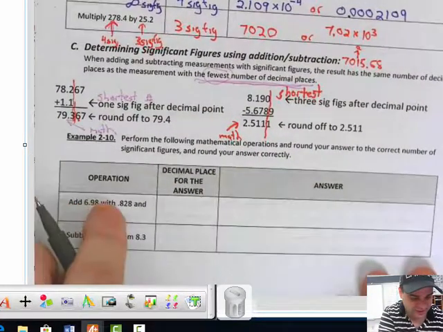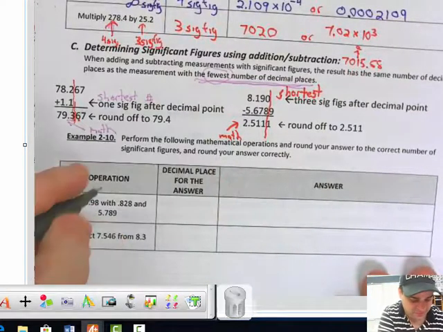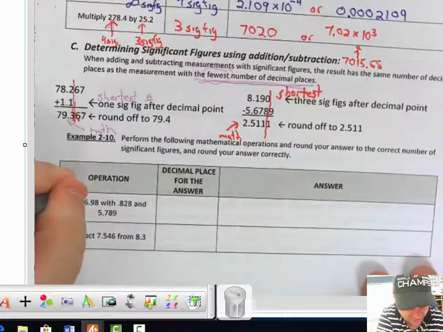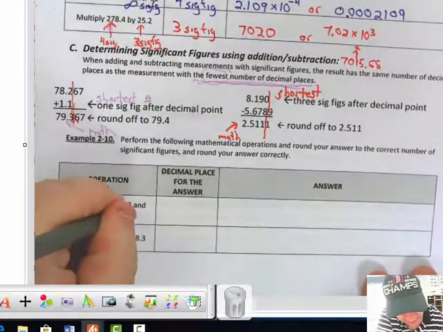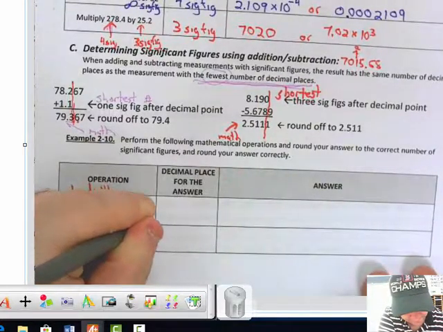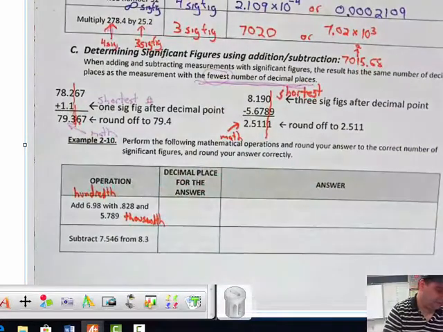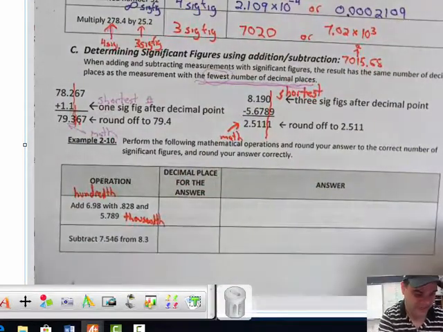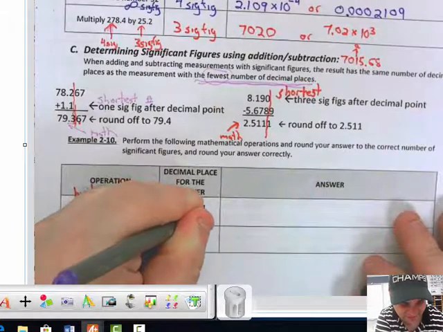Add 6.98 with 8.28 plus 5.789. So, this number's to the hundredths. And these two numbers are to the thousandths. Right? So, the answer for my decimal place here is at the hundredths. Ooh, that's a pretty color.